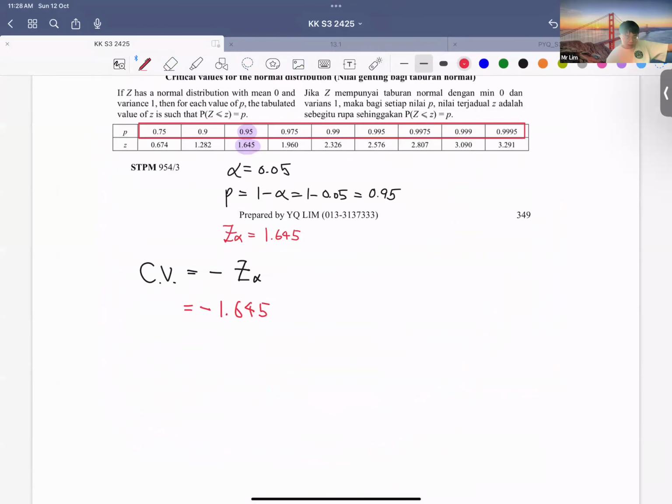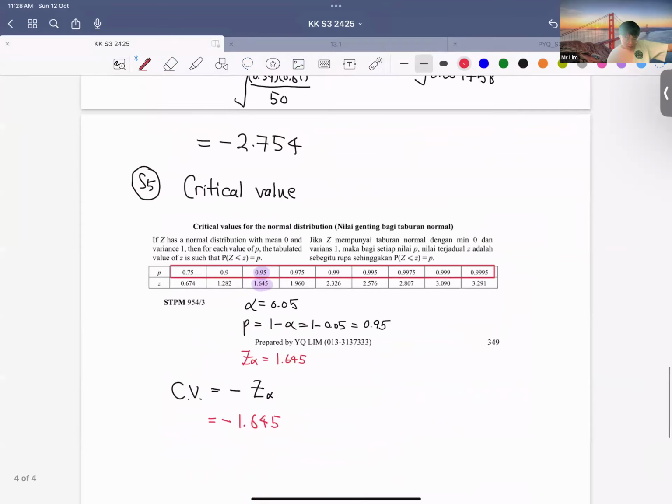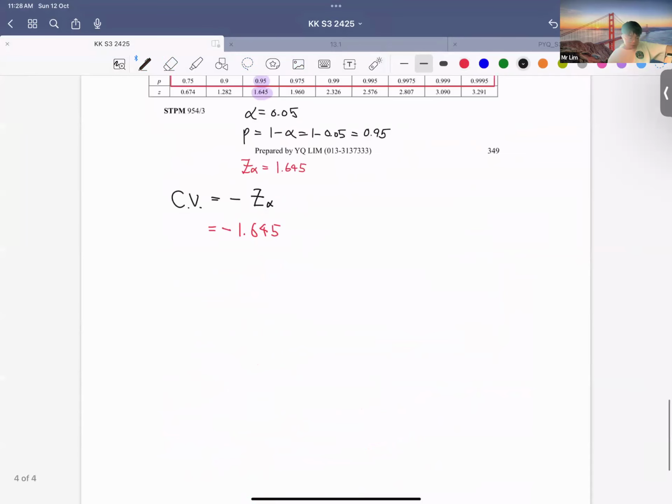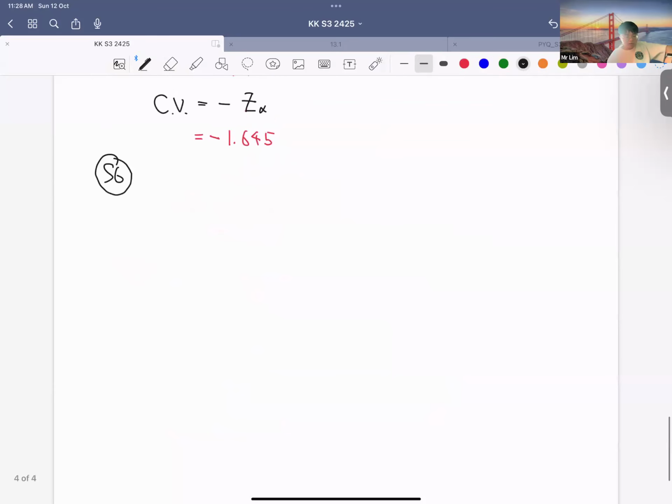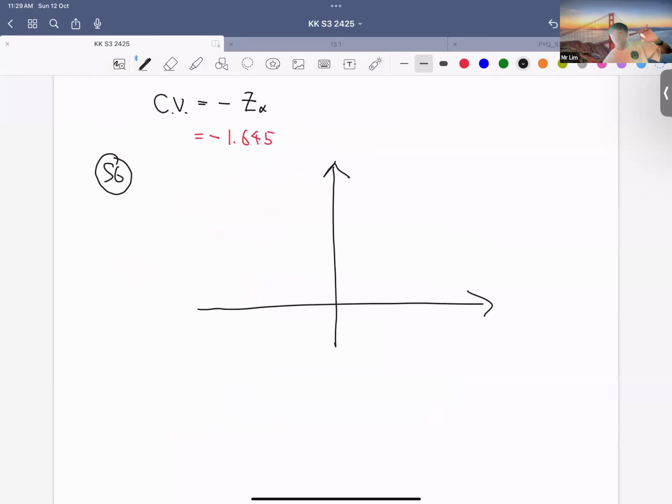All right. So now comes to our critical region, step 6. Using critical value approach, you have to state everything really well. Most of the time I don't draw a graph because you already understand it.